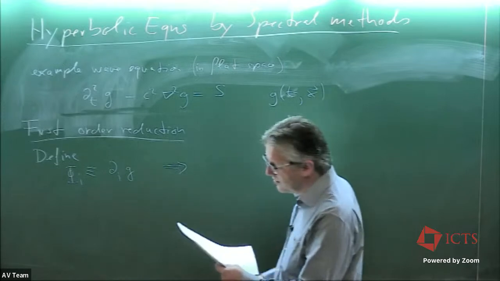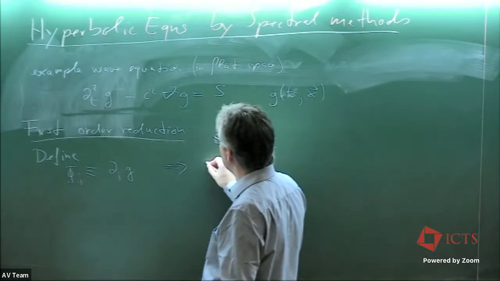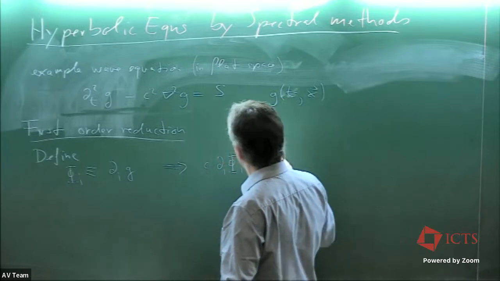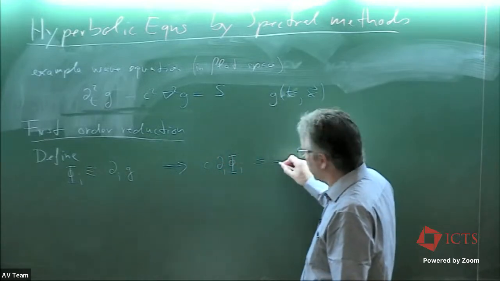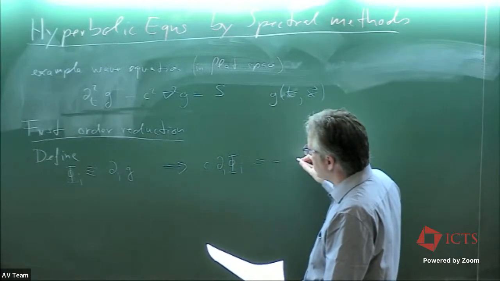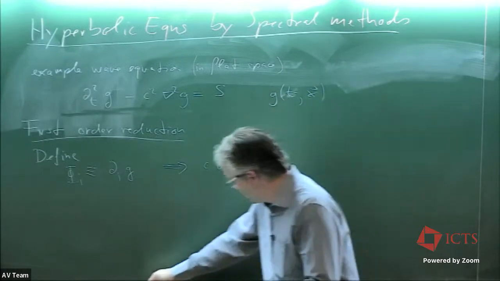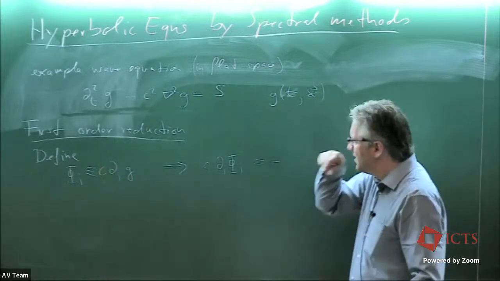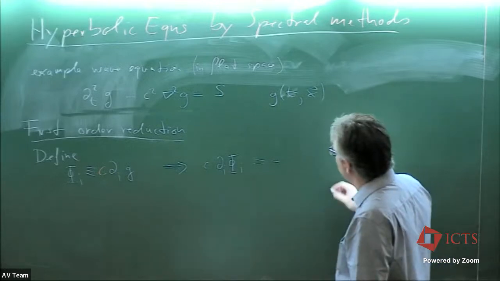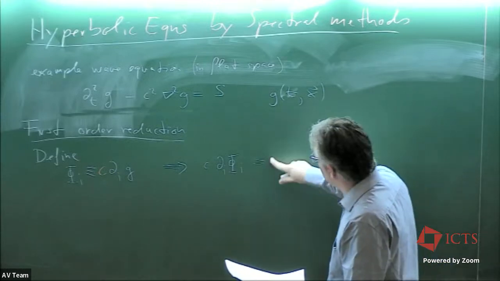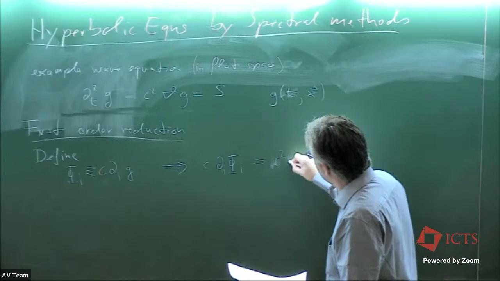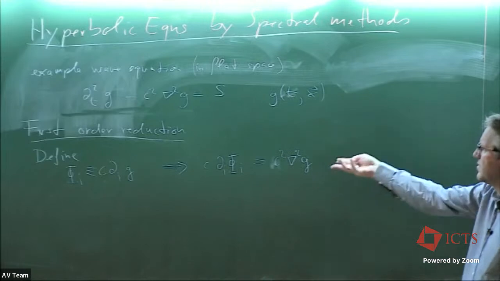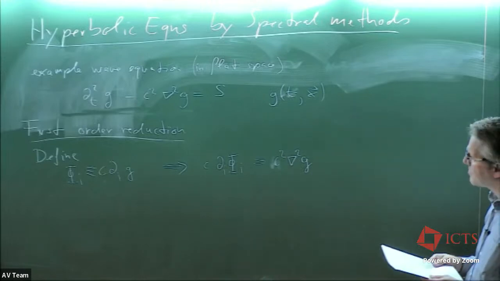One consequence is if I take another gradient here, I can get out of this that c times the divergence of phi is equal to minus c squared times the gradient of g. I'm putting a factor of c here to make all the c's balance out nicely. No big surprise, just putting stuff into each other.